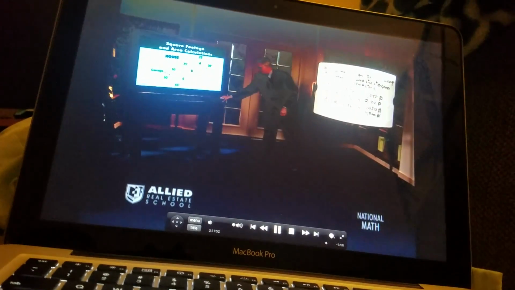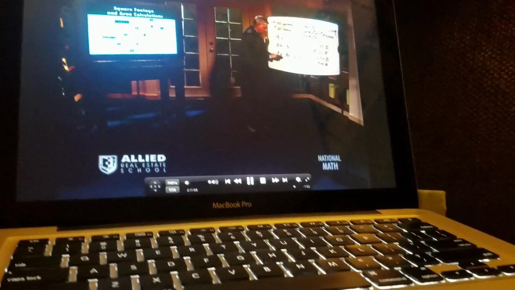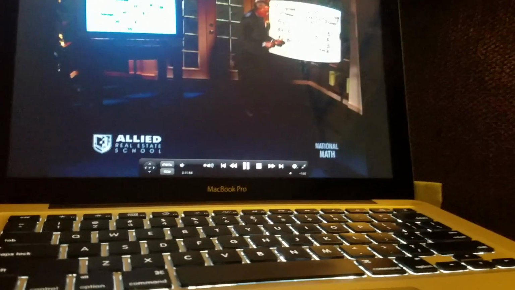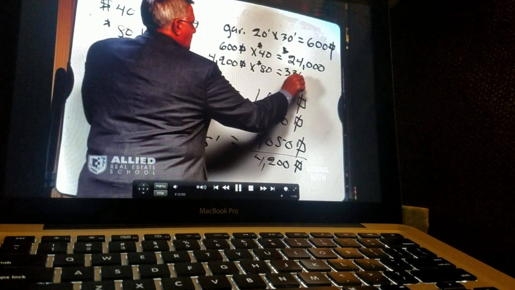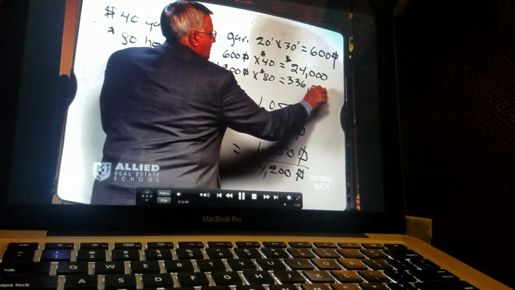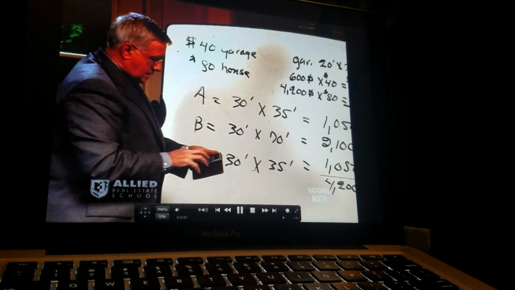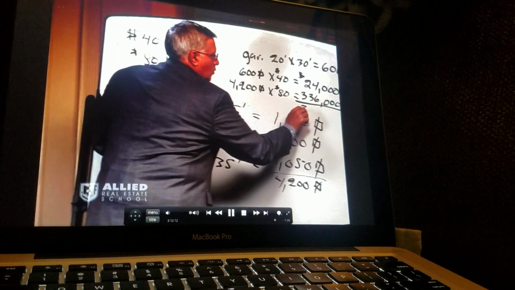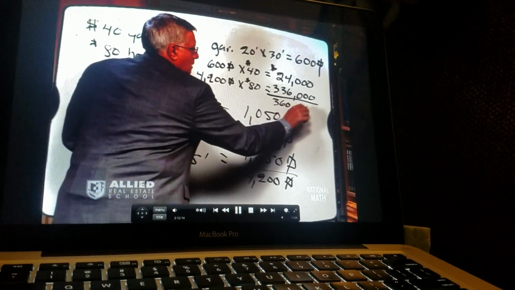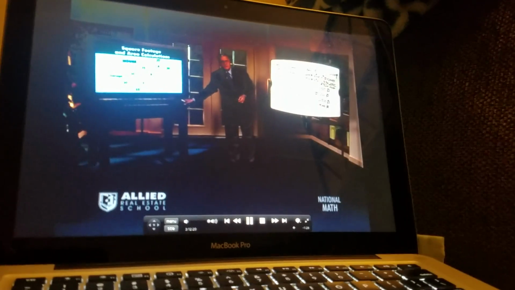I'll use the calculator on that one. And that would give us $336,000. And we add our garage to that, and we come up with a total cost of our home here of $360,000.